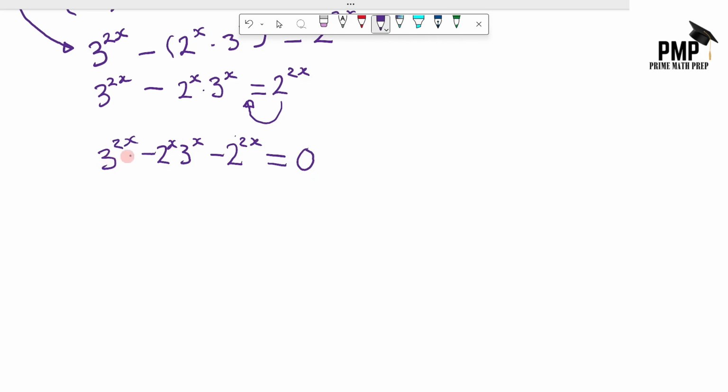If we look at this equation clearly, we'll see that one has 3 to the power of 2x and 2 to the power of x, 3 to the power of x, and the other is what? 2 to the power of 2x. The powers are now mixed, and that's a little bit of a problem. So to fix this, we'll divide everything by 2 to the power of 2x.